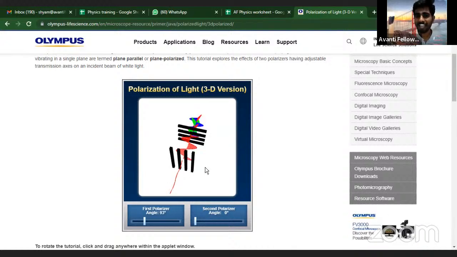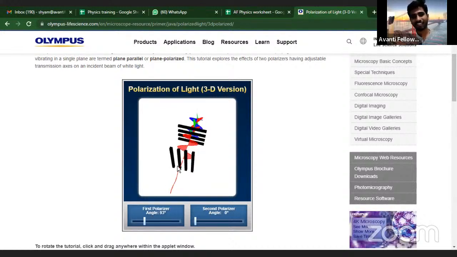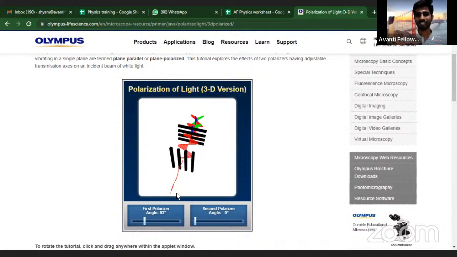That's why again it acts as a polarizer and blocks all the light, and finally what we get is zero intensity. There is no amplitude here, look, only a single line is coming, meaning the intensity has decreased. Okay, leave this, no problem.